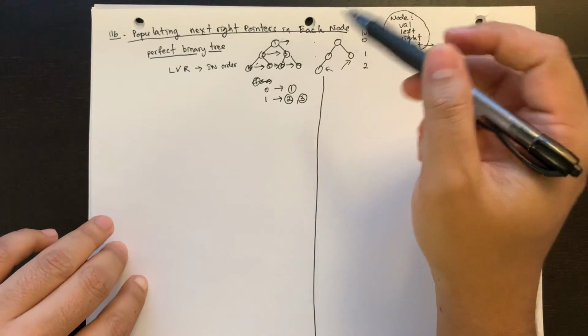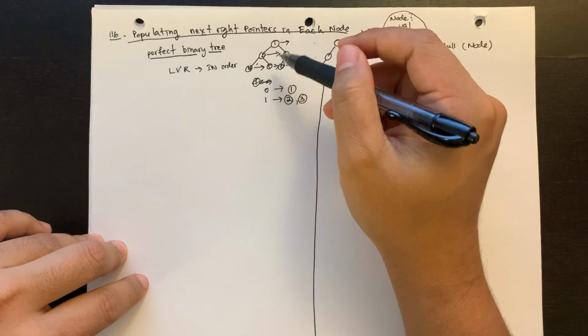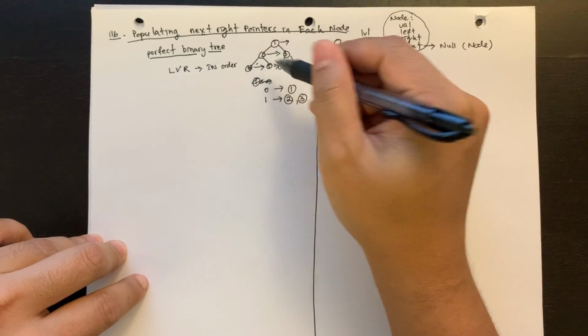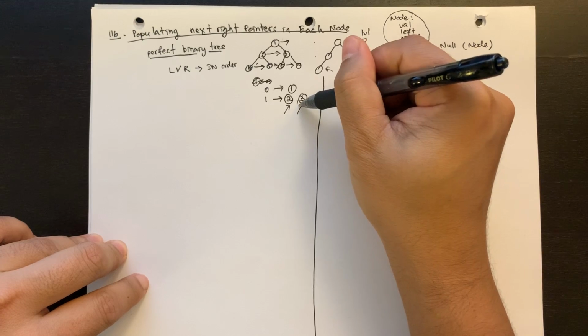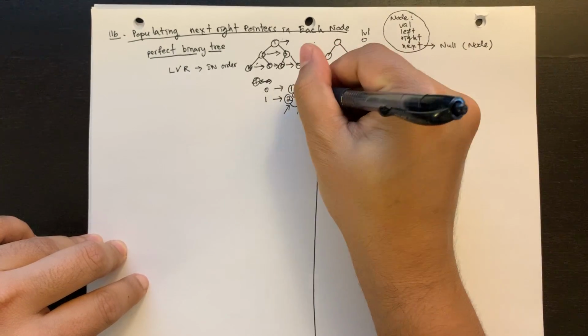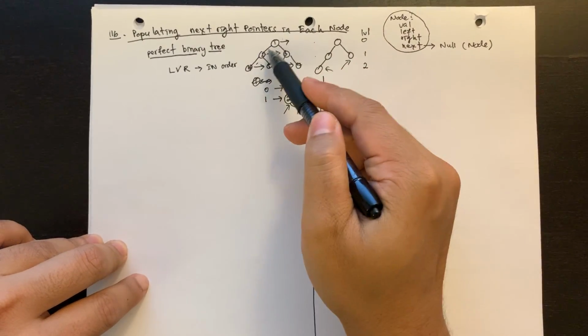The reason that I want to use in-order is because it allows us to record the leftmost nodes first instead of the right nodes, because we don't want 3 to point to 2, we want 2 to point to 3. That's why we traverse left first.